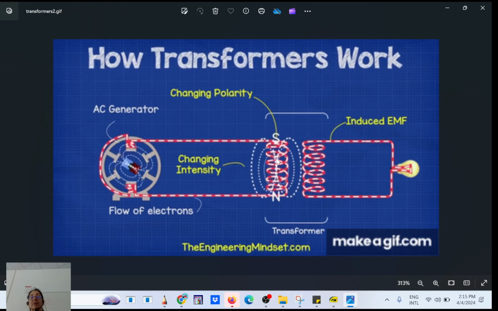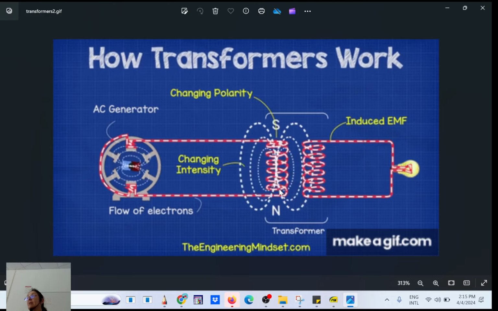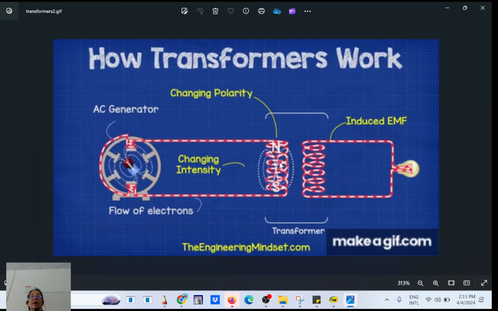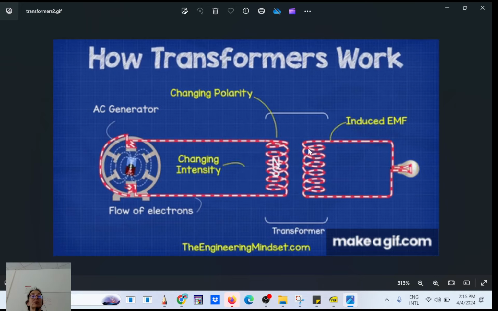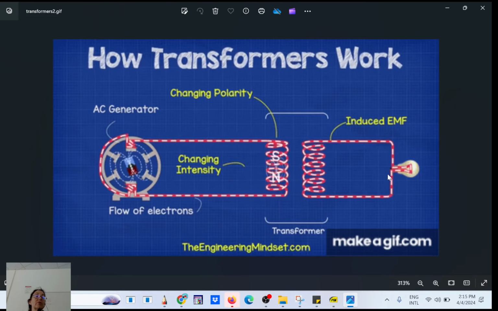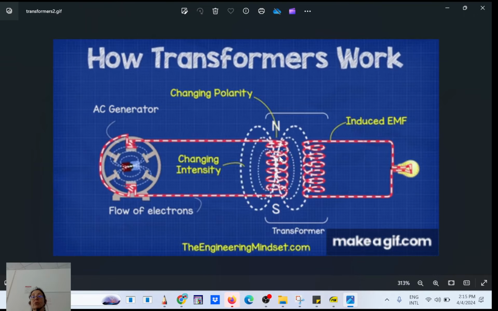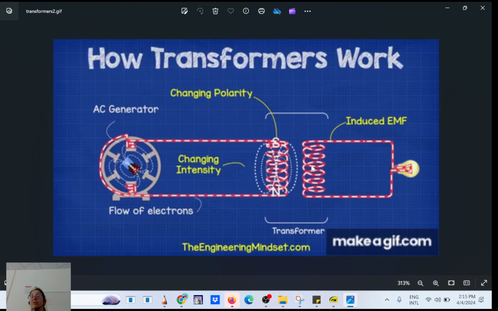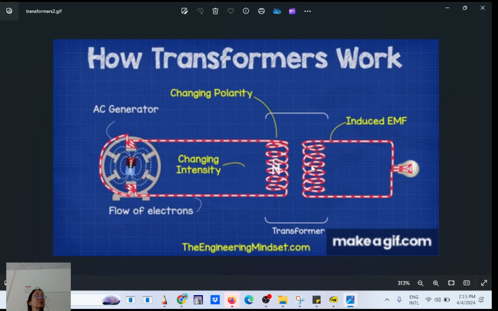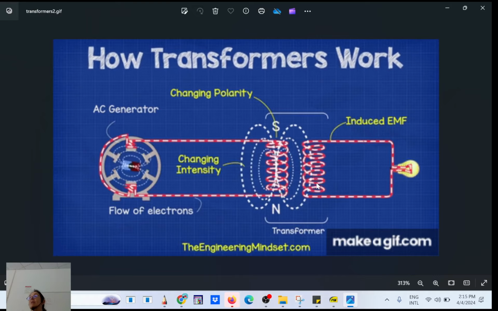Okay, so you see here the magnetic field expand, collapse, expand, collapse, always reversing. Here, this is called the primary coil, and this is called the secondary coil. In that secondary coil, you attach a load, for example, or a voltmeter. Here you have no power supply, but because the magnetic field is going to change with time, it's going to induce an EMF, induce a current in the secondary coil.